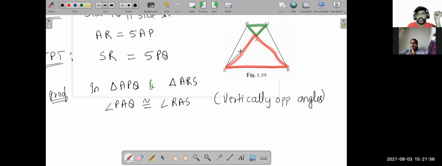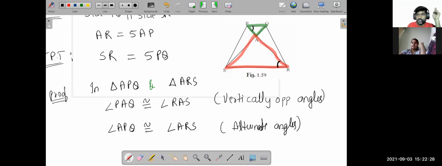No. Look at the corner ones. See, this and this is forming a Z. So they are alternate angles. So angle APQ will be congruent to angle ARS because they are alternate. Okay, alternate angles. Did you understand this? Yes. So now you can directly say that triangle APQ is similar to triangle ARS.